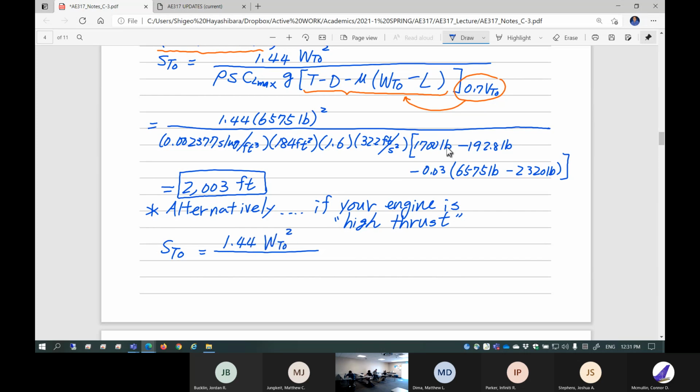In other words, you're going to ignore all of those terms in the bracket, just thrust is the only thing. Drag, I don't care about drag. I don't care about rolling resistance. If the engine's very strong, you don't care about the drag or rolling resistance during your takeoff. So you're going to turn those into 0. But if you do that, what happens?